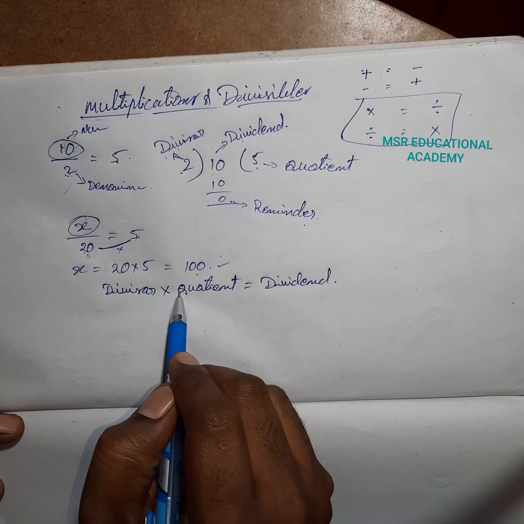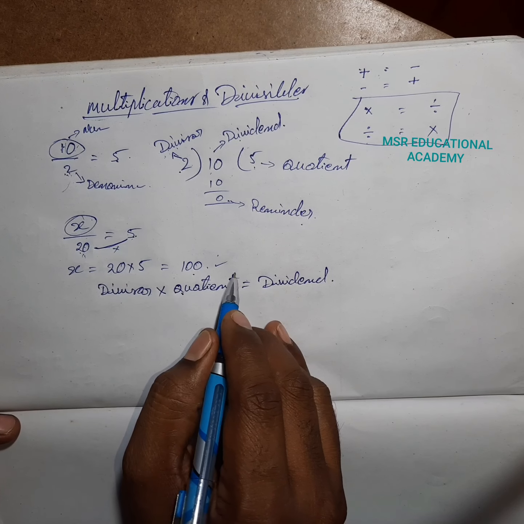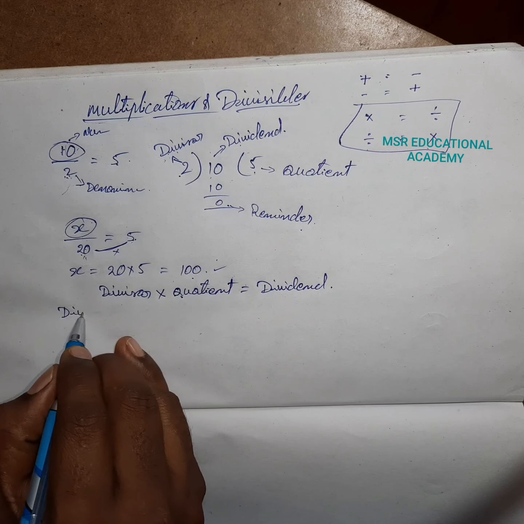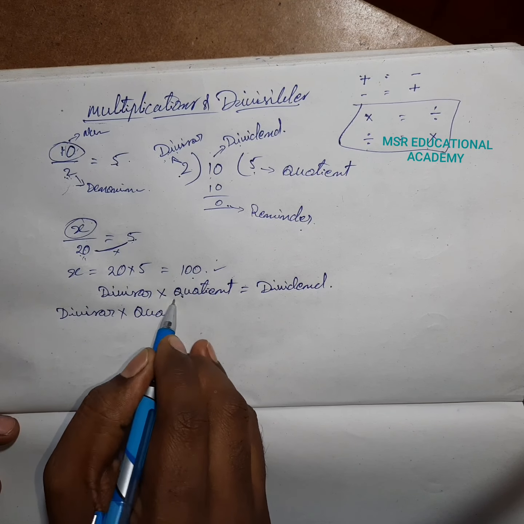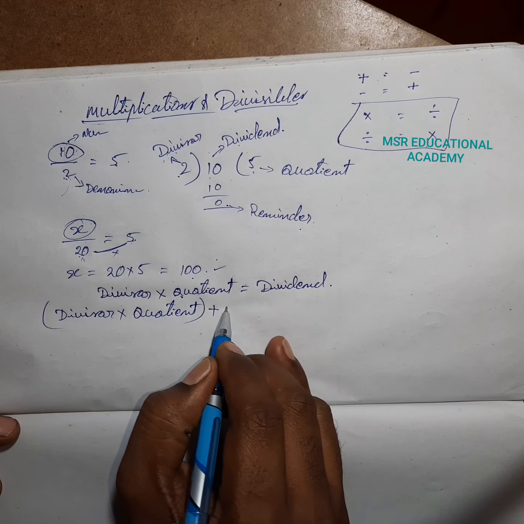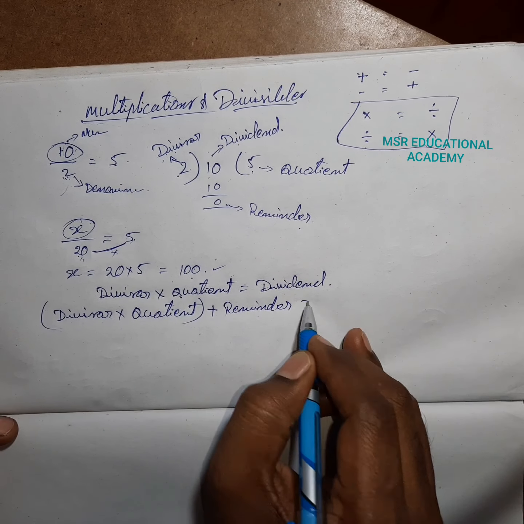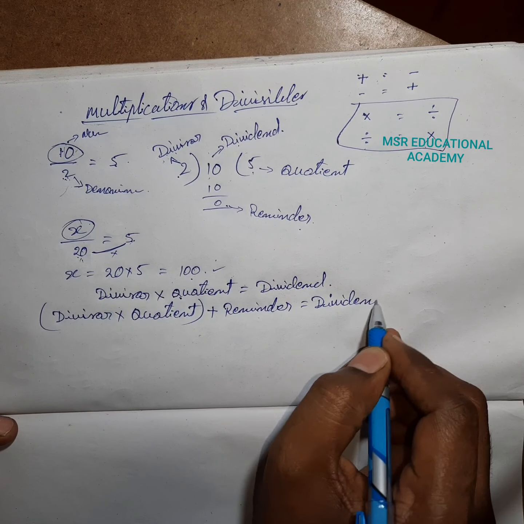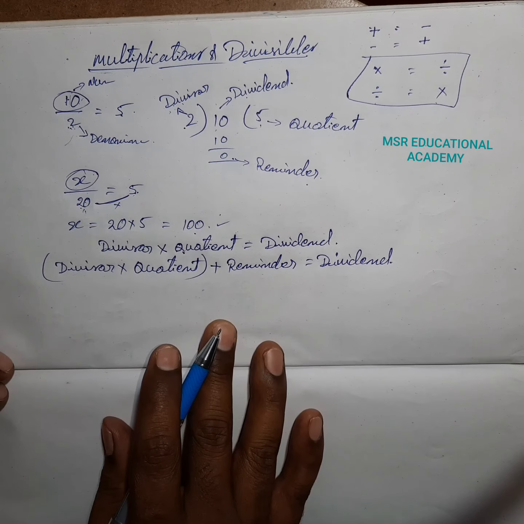If there is any remainder, you should add it. That is, divisor into quotient plus remainder, which is equal to dividend. Like this we can compute it.